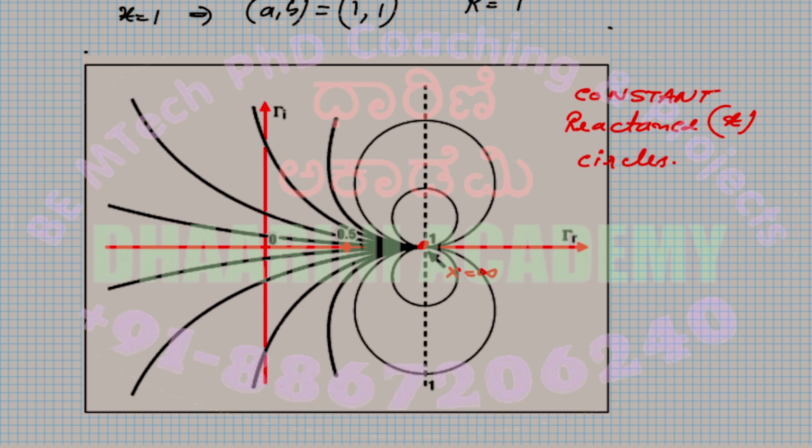Okay, I'll bring the Smith chart into place now.